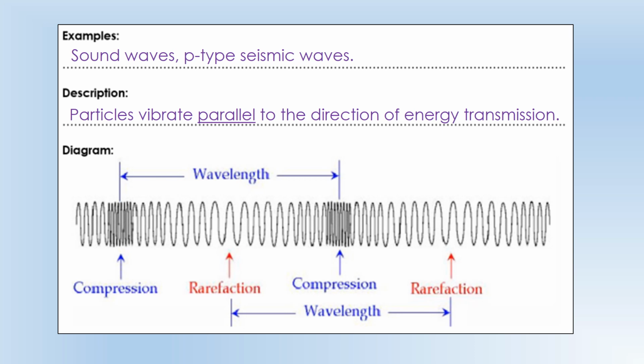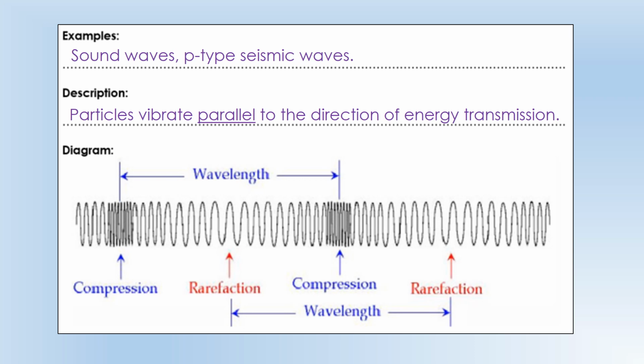So if we look at our diagram here, showing us an example of a longitudinal wave, this is actually using a spring to send one along. You can see we have some names for sections. A section of very high density or high pressure is called a compression. A region of low pressure or low density is called rarefaction.